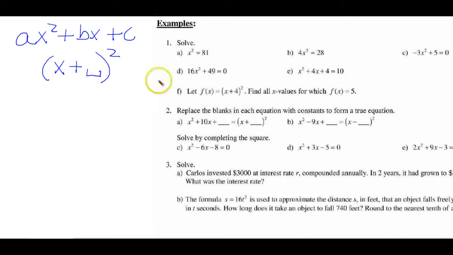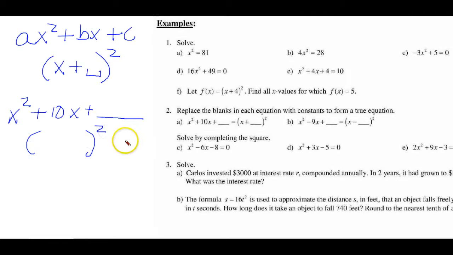Now, what they want us to do here, and I'll write this out here as well. So we have x squared plus 10x plus something here that we want to factor into a binomial square.